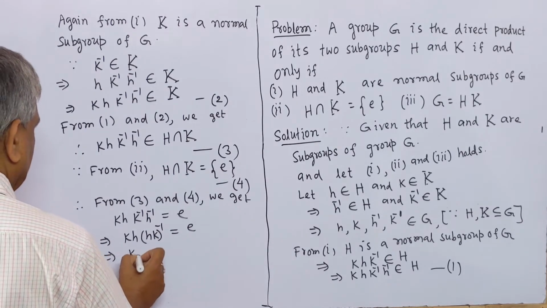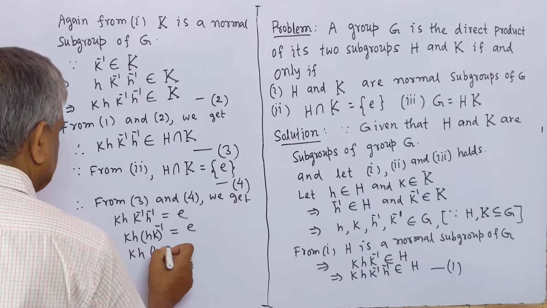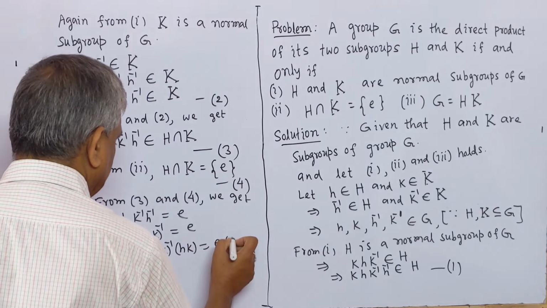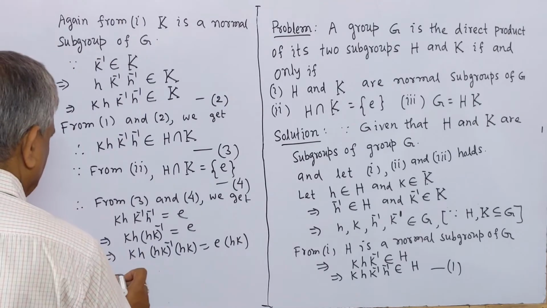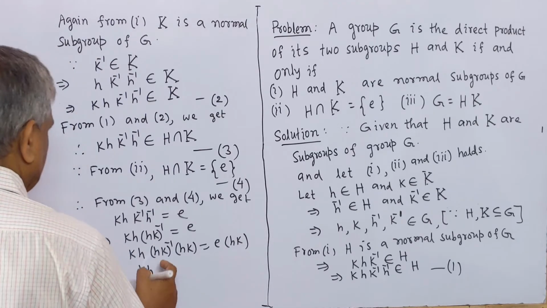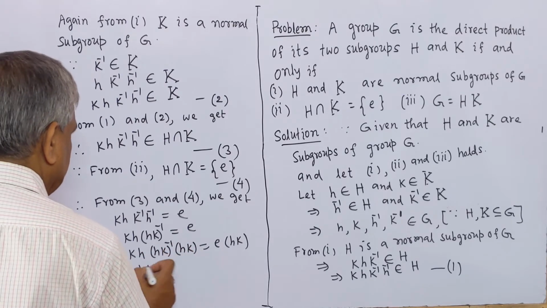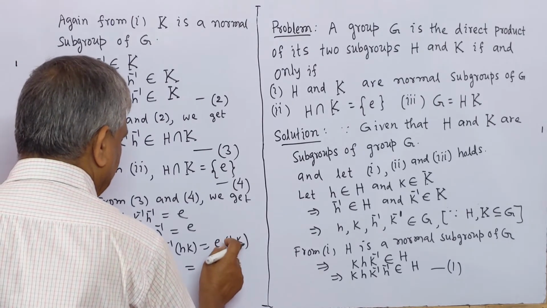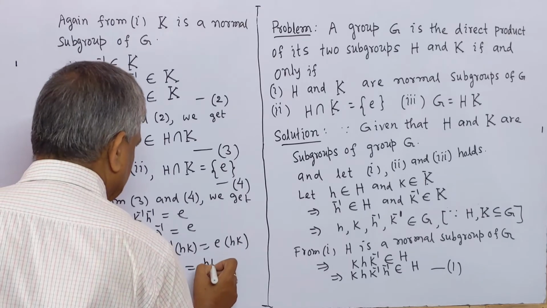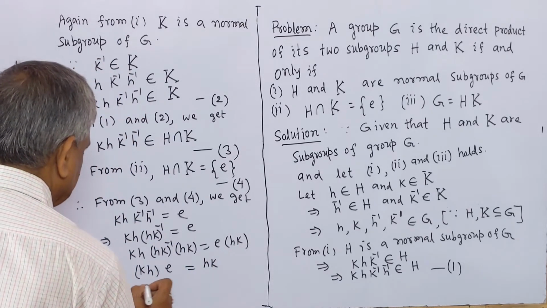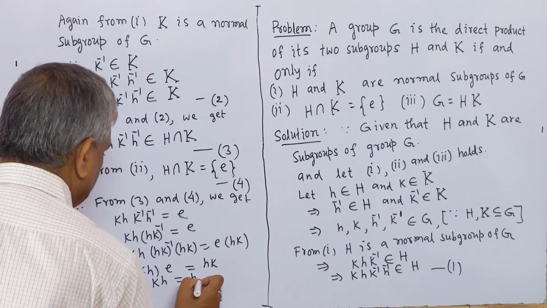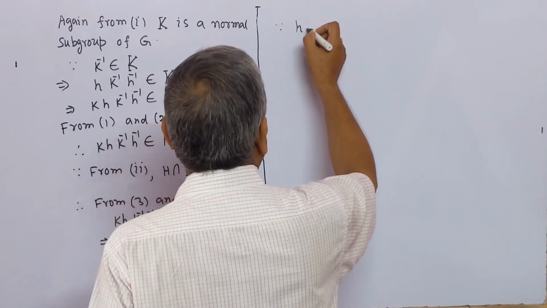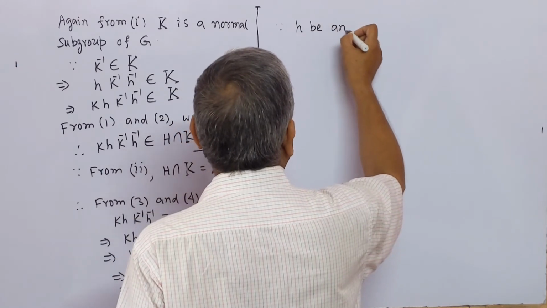Operating with hk on the right, (k h)(h k) inverse operation hk equals e operation hk. This implies (kh)(hk) inverse operation hk, being the identity element, equals hk, which implies that kh equals hk. This is number 5.